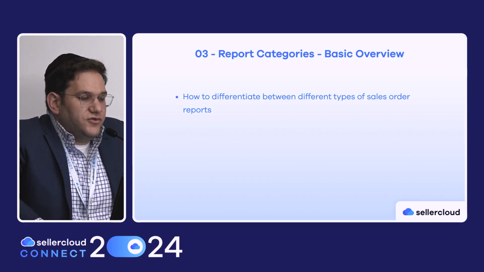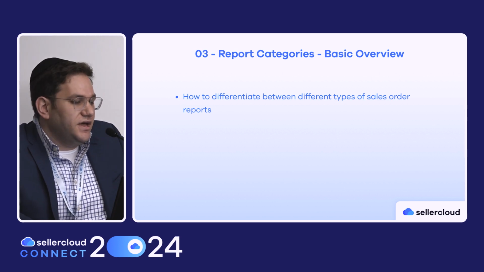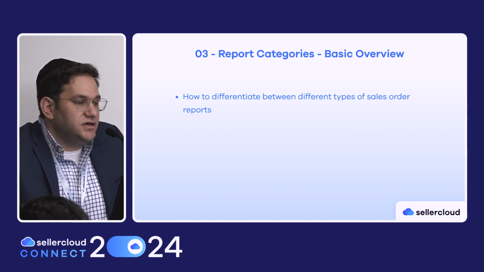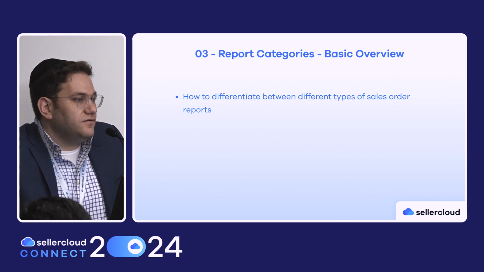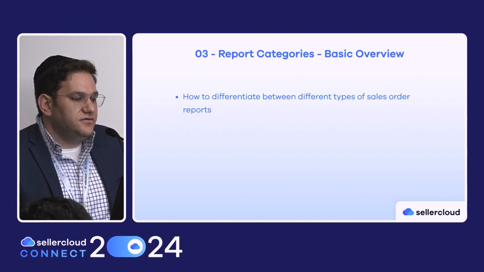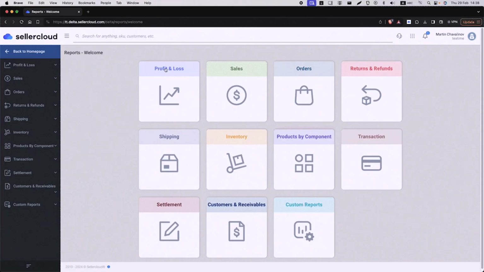Next, I'm just going to give you a general overview of the reports categories, and I'm going to emphasize one thing that can be confusing to a lot of people: we have a number of different sections that cover sales orders. So how do you differentiate between the sales order reports and how to use them? See here, there's the profit and loss section, which gives you a detailed breakdown of your profit and loss, your expenses, and everything that goes into what you need to calculate your profit.